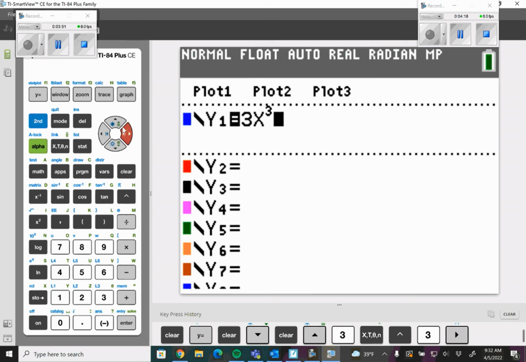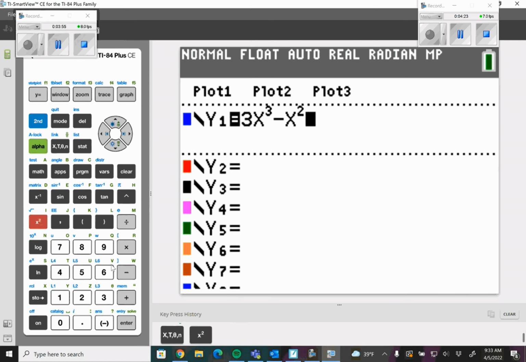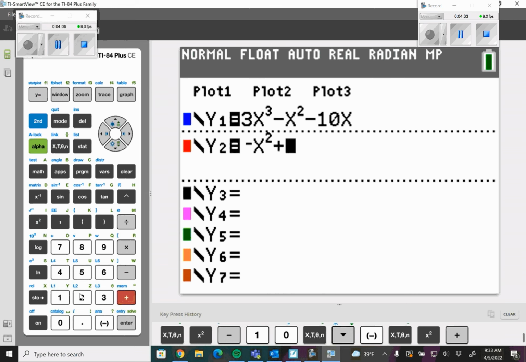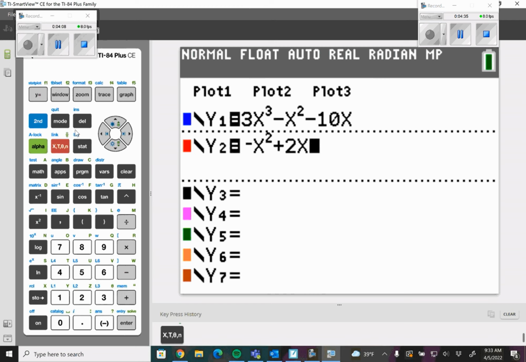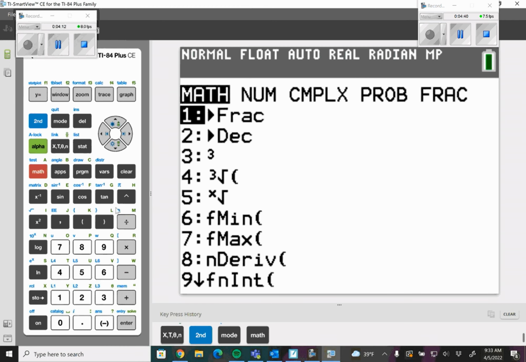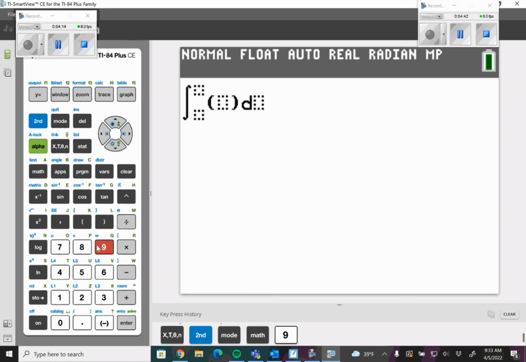So I'm starting by putting my cubic function into my y1. Then my quadratic function into my y2. And now that I know that, we can find these integrals pretty quickly using the function integral command.